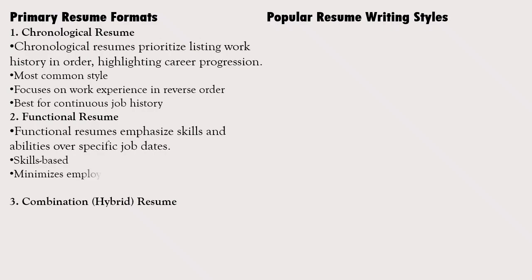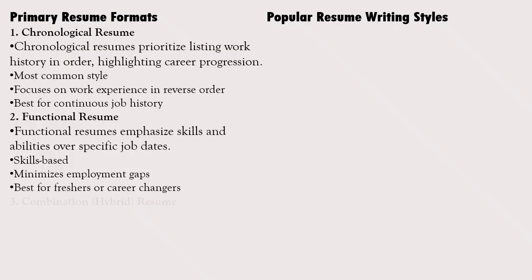And the next one is the functional type of resume, where we emphasize the skills and abilities over specific job dates. It is highly skill based and it will minimize the employment gaps. It is best for freshers or career changers.